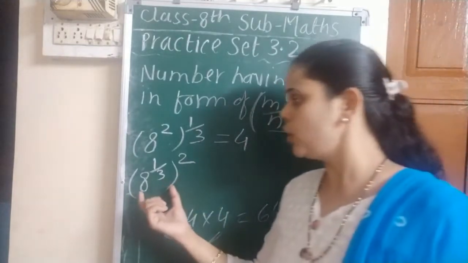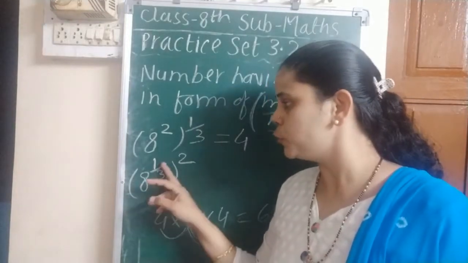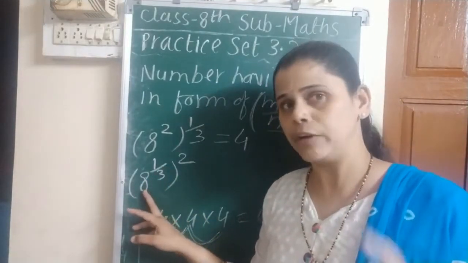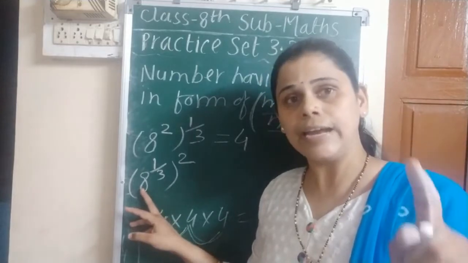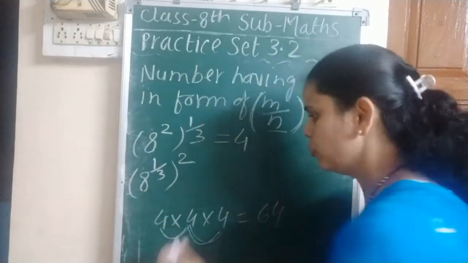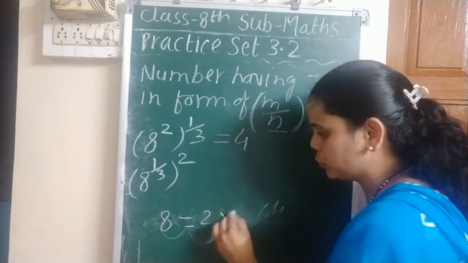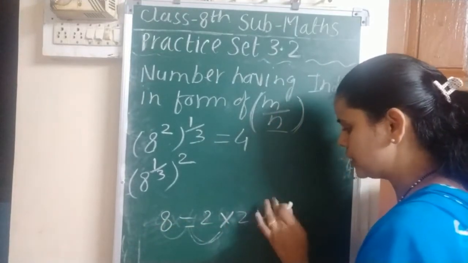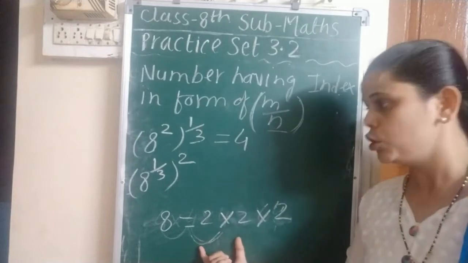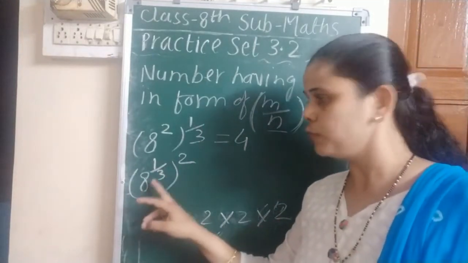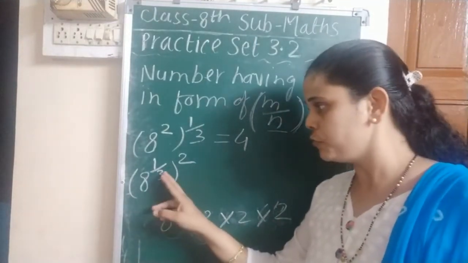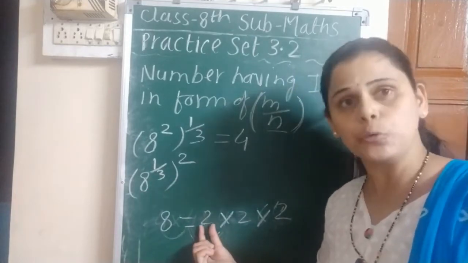Okay, now solve this question. What is the cube root of 8? Cube root of 8 means we can write 8 as 2 into 2 into 2, that means the 3 time multiplication of 2. So the value of cube root of 8 is 2.